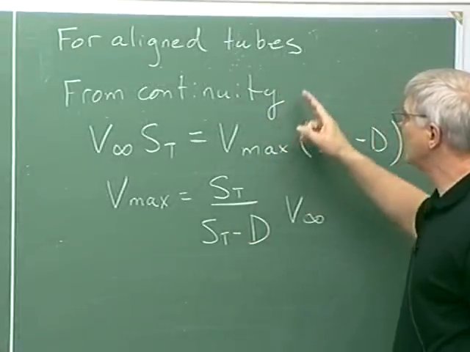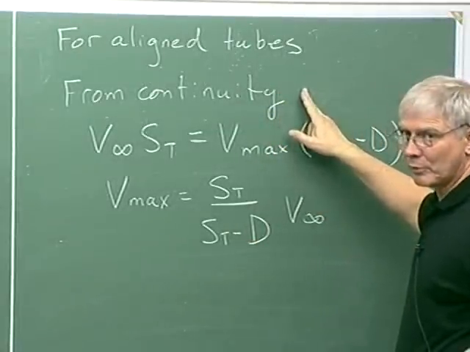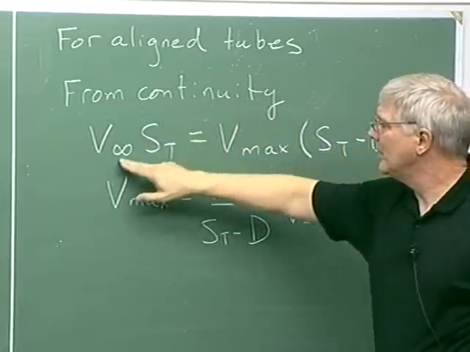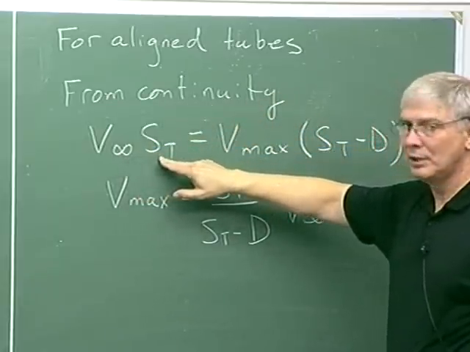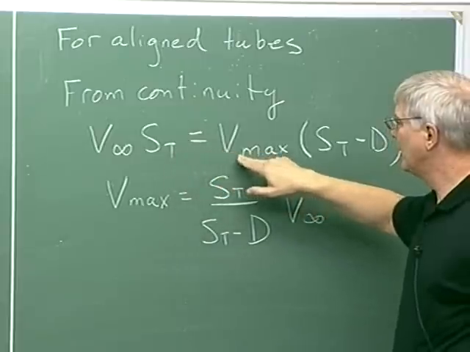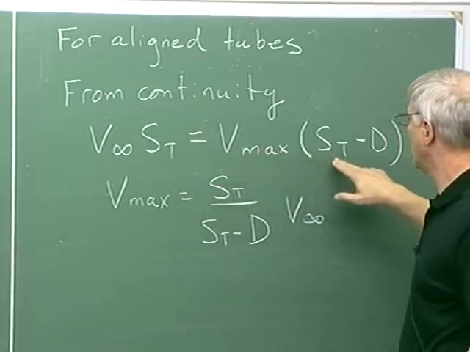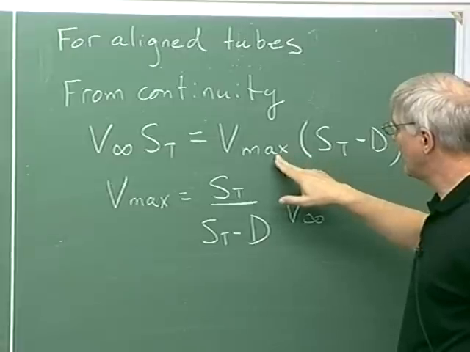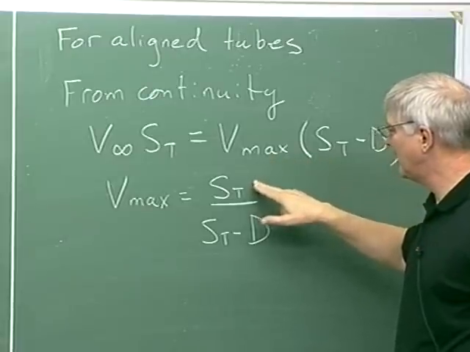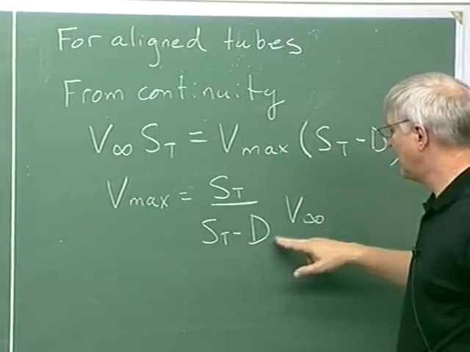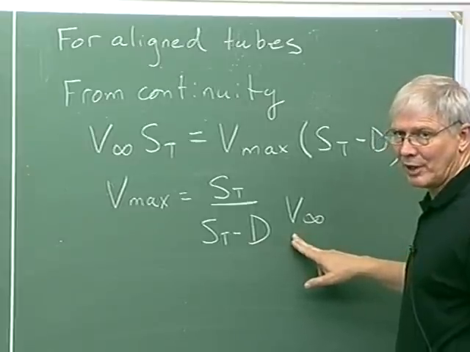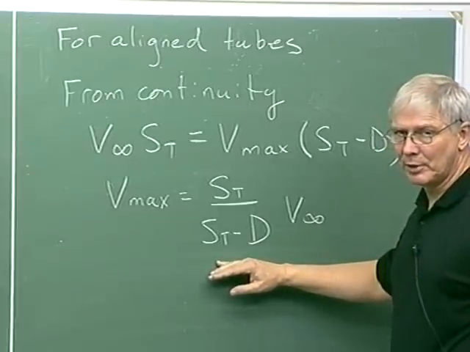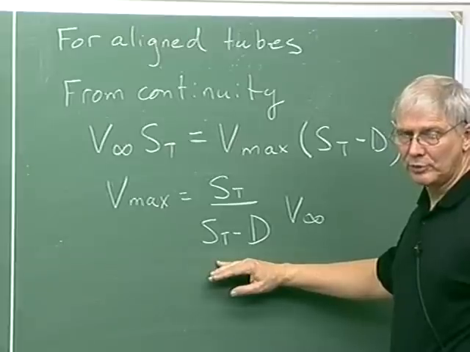If you refer to your diagram, from continuity, V infinity times ST also has to equal V max times ST minus the diameter. So we can solve for the maximum velocity, and we have ST over ST minus D times V infinity. So if we have aligned tubes, this is the velocity we're going to use in the Reynolds number to calculate the Nusselt number.